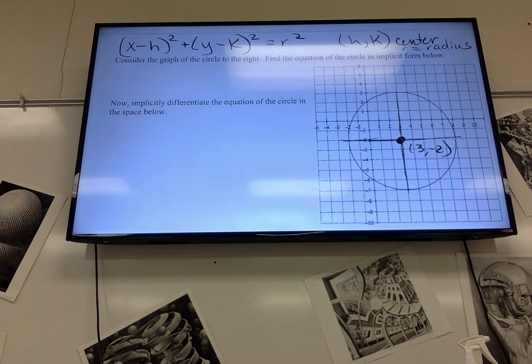Yeah. So that's x minus 3 squared plus y plus 2 squared equals, what's the radius? 1, 2, 3, 5 squared, so 25.